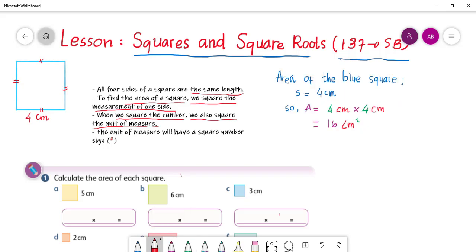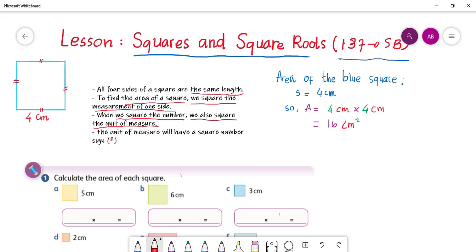Okay, kids, right now teacher will write it for you. So the area of this blue square, with a side of 4 centimeters, will be 4 centimeters times 4 centimeters, which is equal to 16 centimeters square. You can see the numbers in the same color, 4 times 4, and centimeter also centimeter, and then it will be 16 centimeters square. Kids, what is the meaning of being squared together? It means that you multiply them together 2 times.